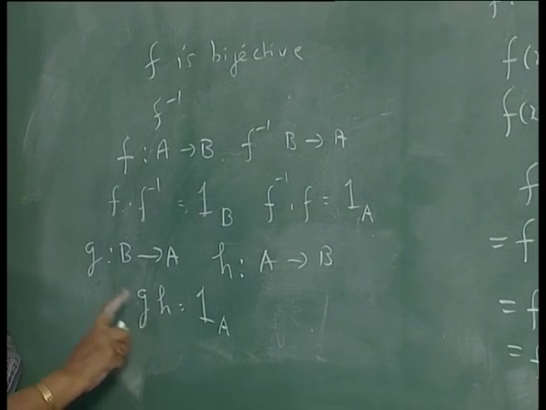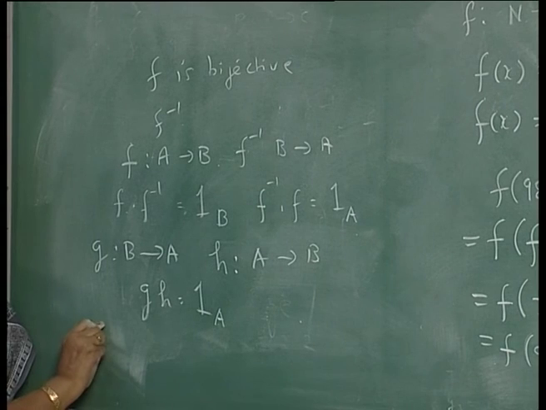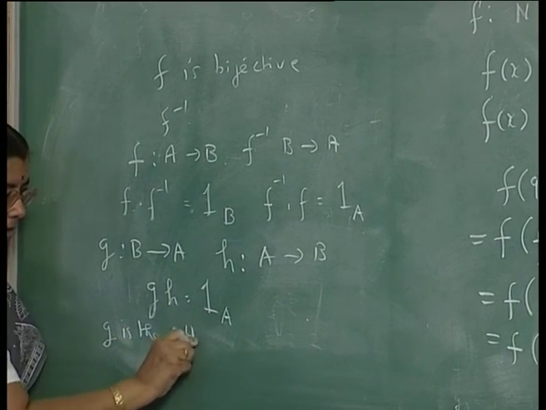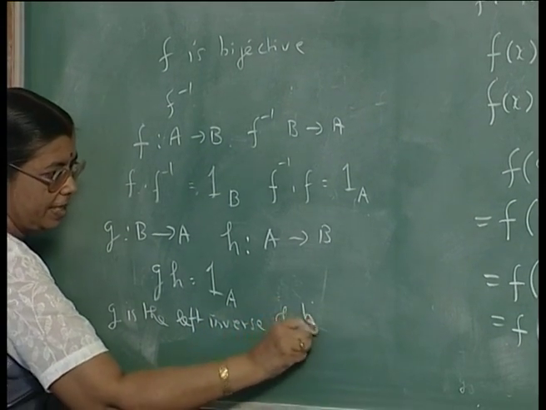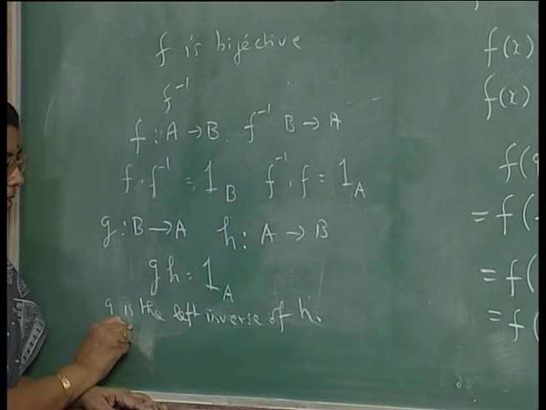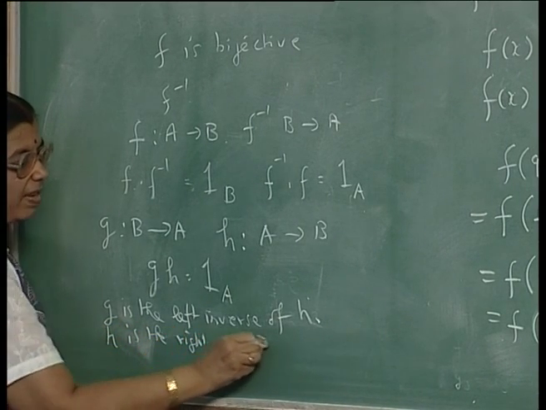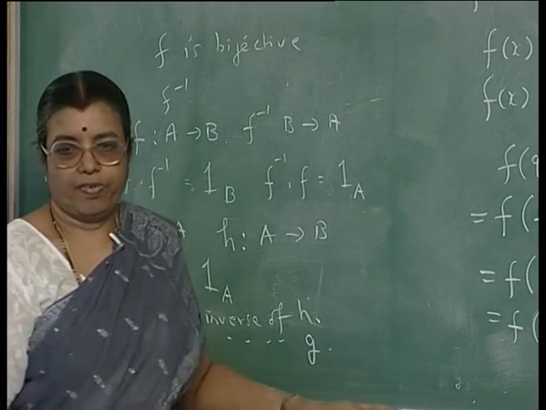Then you say if g of h is 1_A, then g is the left inverse of h and h is the right inverse of g. This is what you define.